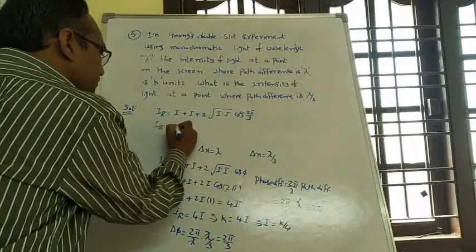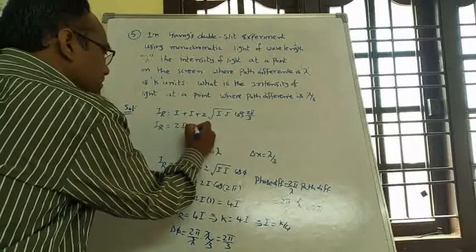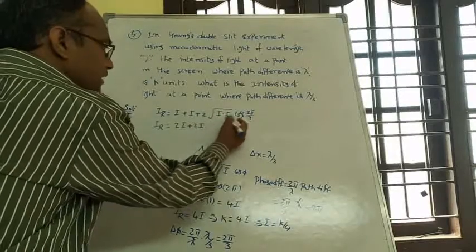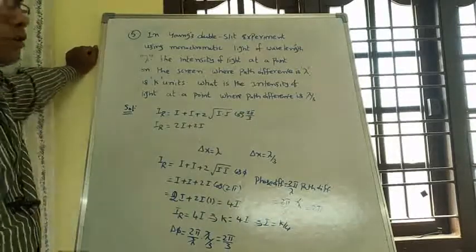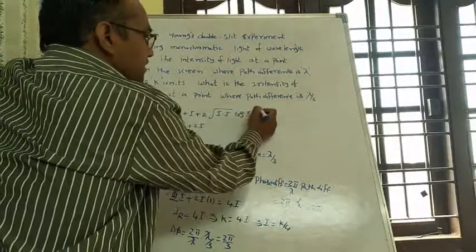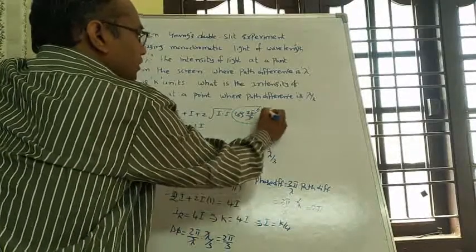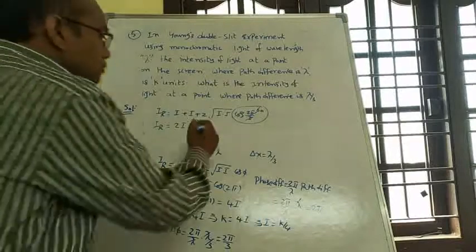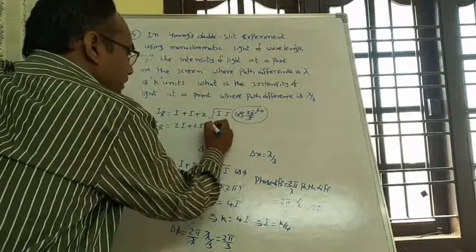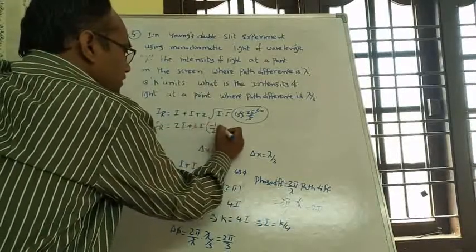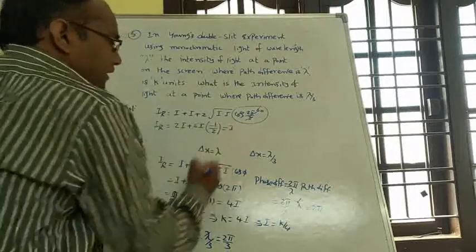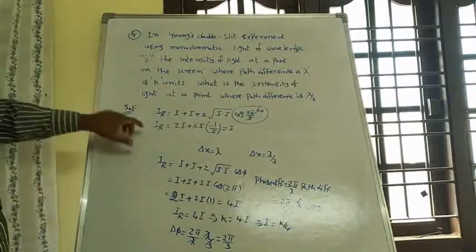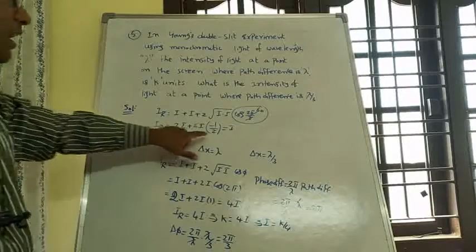Resultant intensity is 2I plus 2I, I square is I, cos 2 pi by 3. Cos 2 pi by 3 means 3 ones are 360, so cos 120. Cos 120 is minus 1 by 2. So the 2 cancels. 2I minus I is nothing but I. Therefore I_R is equal to I.